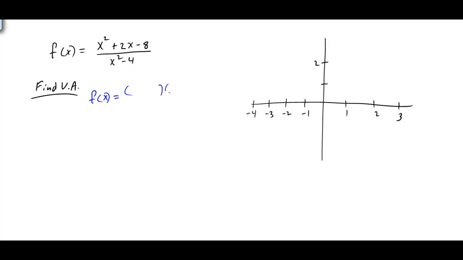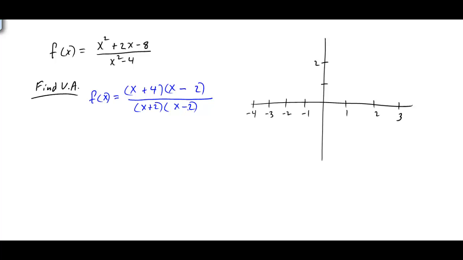If we factor the numerator, we get x times x, and we have 1 and 8 or 2 and 4, and it looks like we would end up with 4 times 2 is 8, plus 4 and minus 2, so x plus 4, x minus 2. And the bottom is a simple difference of squares, so we could factor x plus 2, x minus 2.